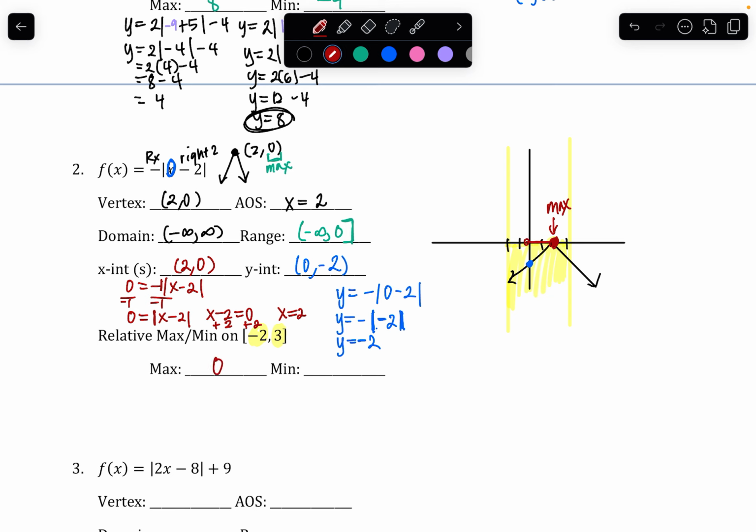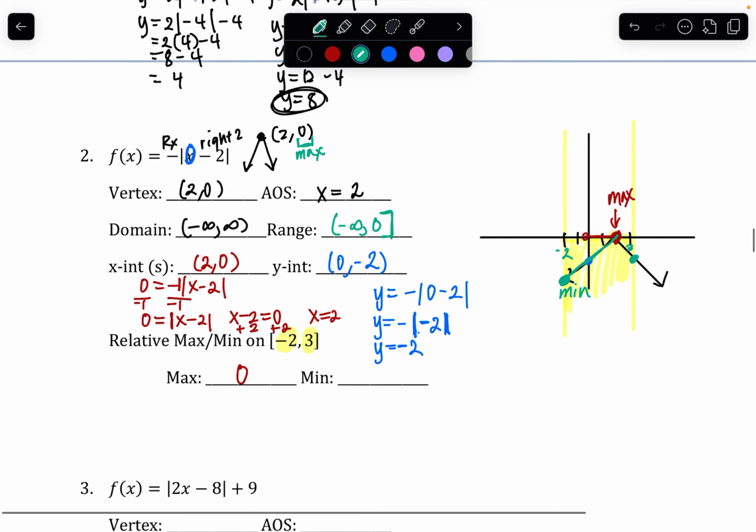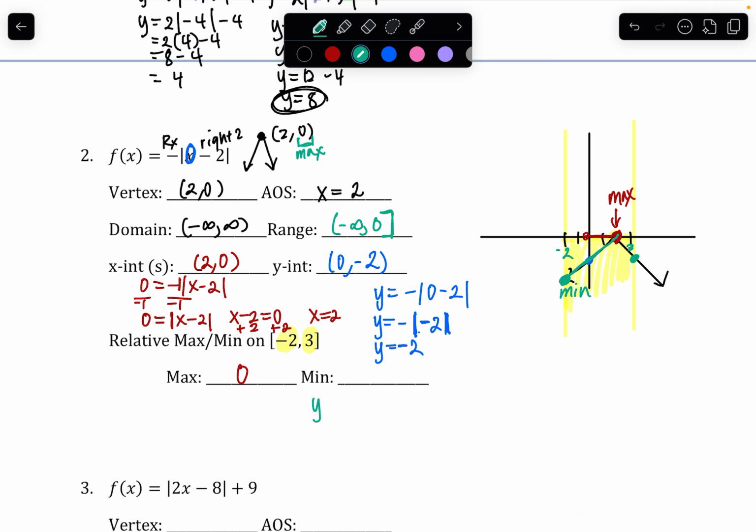And then my minimum is probably going to be at this -2, because this 3 is closer. So this looks lower because it's further away. If you want, you can test them both. For the sake of time, I'm just going to plug in -2. And so we get our original equation.